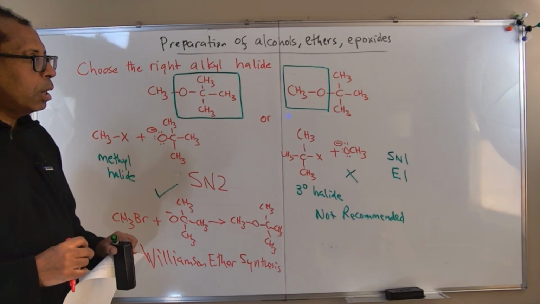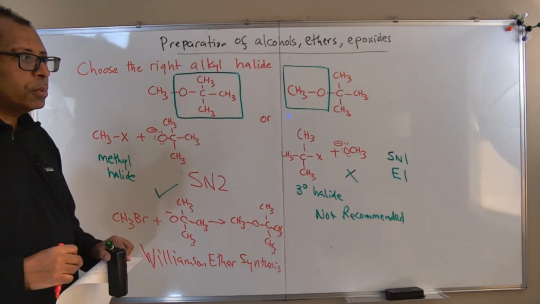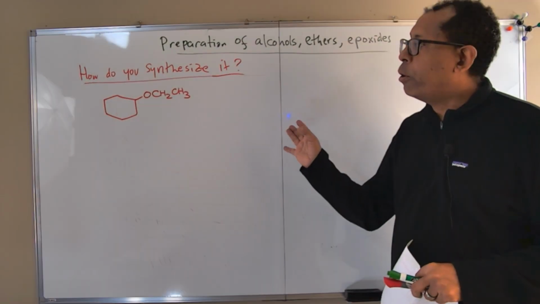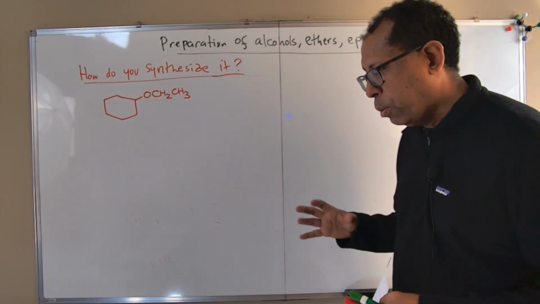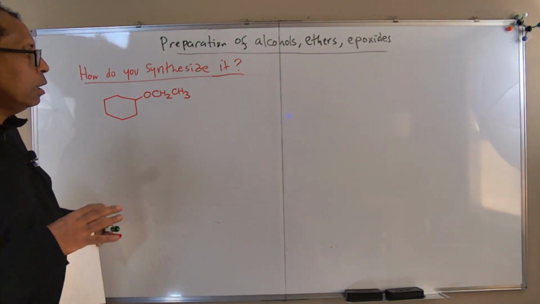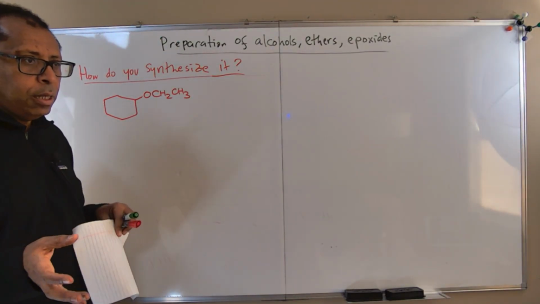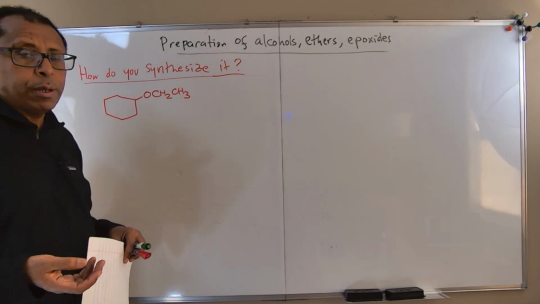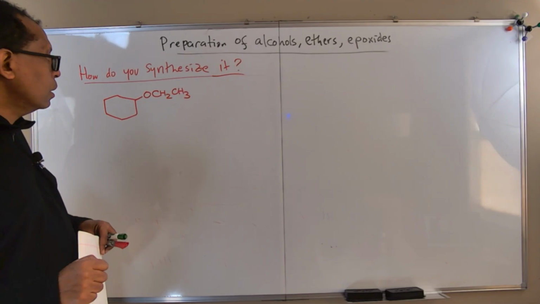We'll continue now more on this with some examples of ether synthesis. From what I already described to you, we have to choose the appropriate alkyl halide and the appropriate alkoxide to make an ether using the Williamson ether synthesis method.